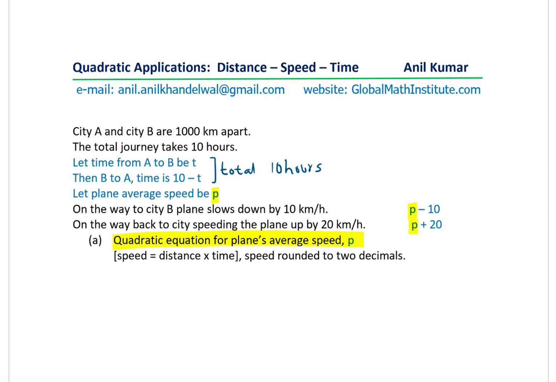So as I was saying, we relate distance, speed, and time with this particular triangle, easy to remember. So distance is the product of speed and time. In the first case, the distance is 1000. That is the first case, I mean from A to B, right?